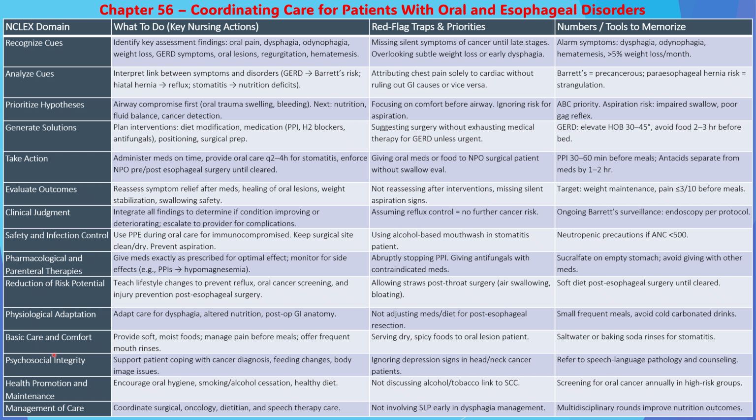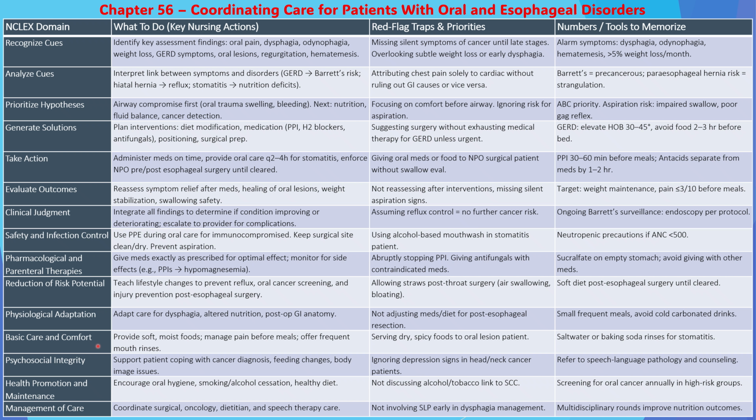So basic care and comfort is 9%, which is very few questions: provide soft, moist food, manage pain before meals, or offer frequent mouth rinses. I said this a lot in nursing interventions for all the diseases in the outline.